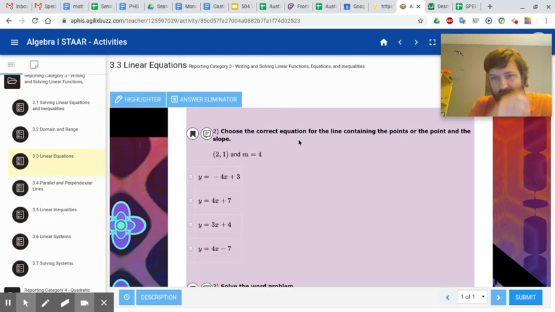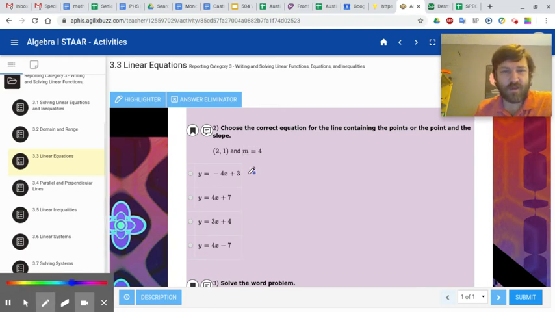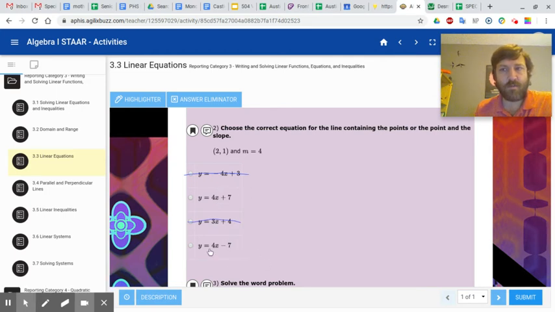Choose the correct equation for the line containing the point and the slope. So this one's pretty straightforward too. I'm not going to do this one from start to finish, but the first thing we need to know is that this statement here, m equals 4, means that the slope of the line equals 4. So that automatically eliminates answer choice A and answer choice C, because these two lines, B and D, are the only ones that have the correct slope.